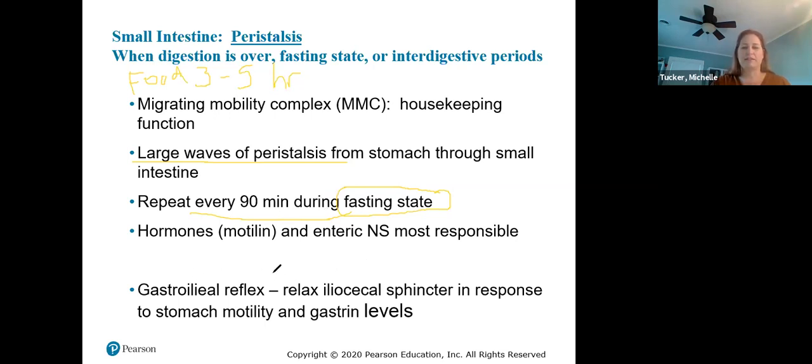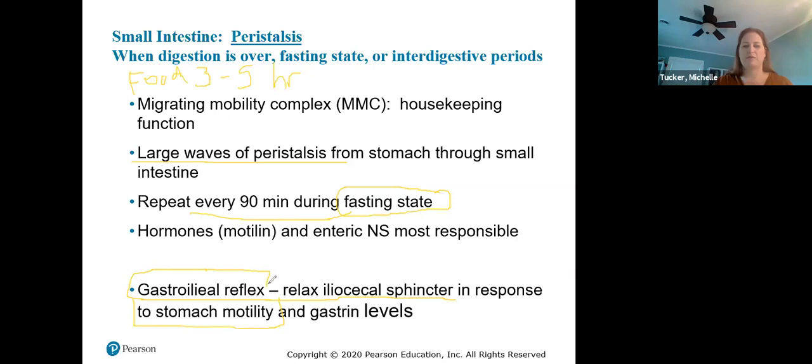The gastroileal reflex. So at the end of the ileum is the sphincter that connects it to the cecum, the beginning of the ascending colon. And it will relax with an increase in stomach motility, which is caused by gastrin. So this gastroileal reflex means that the ileocecal sphincter will relax when the stomach is active.